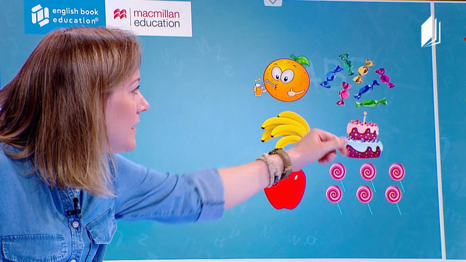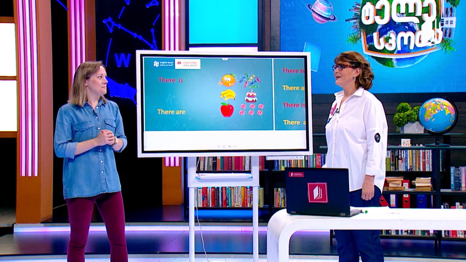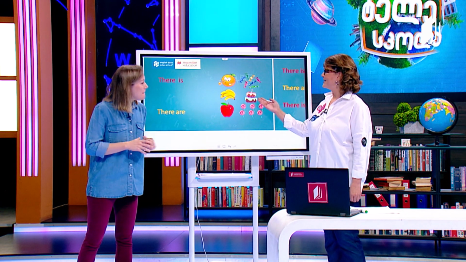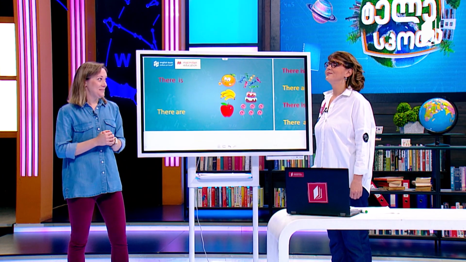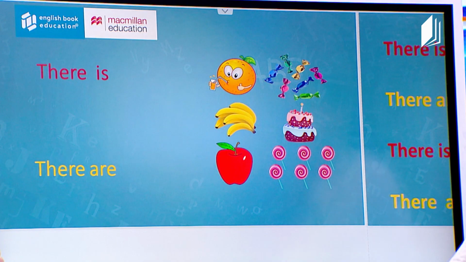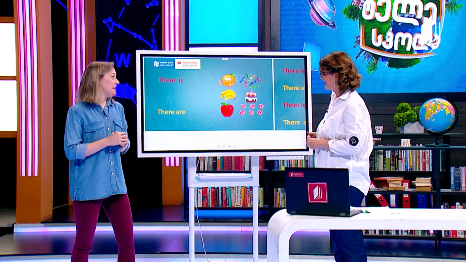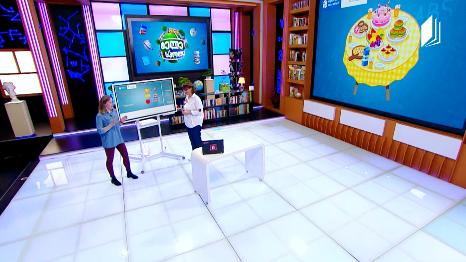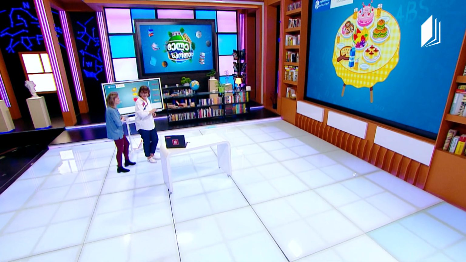And next way over here, we have a cake. One cake. So I can see that it is a birthday cake. Birthday cake. And then here we have crunchy, red, also juicy. One apple. And way down here, I can see colorful lollipops. There are 6 lollipops. Lollipops.